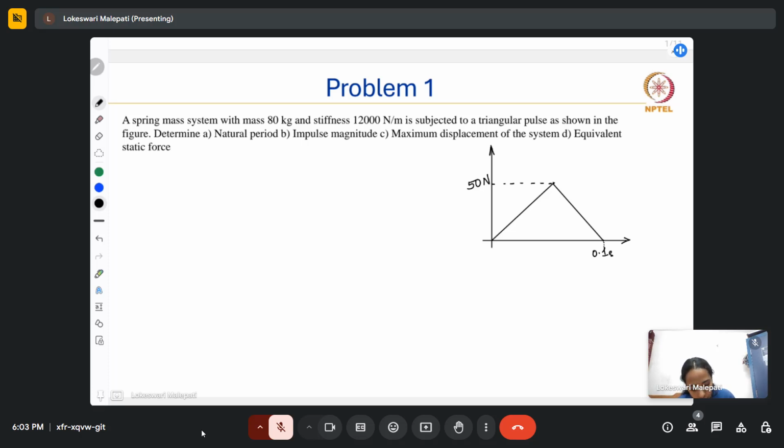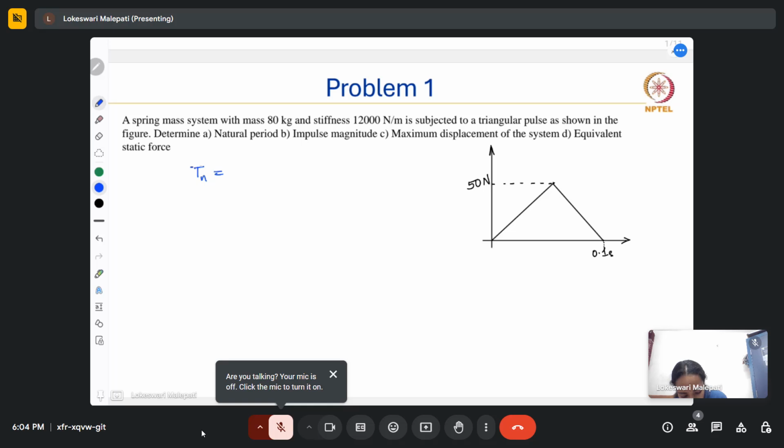So we are asked to find the natural period, impulse magnitude, maximum displacement of the system and equivalent static force. The first thing is the natural period. That just depends upon the properties of the system, which is nothing but mass and stiffness. Those two properties are already given. So we just have to find Tn.